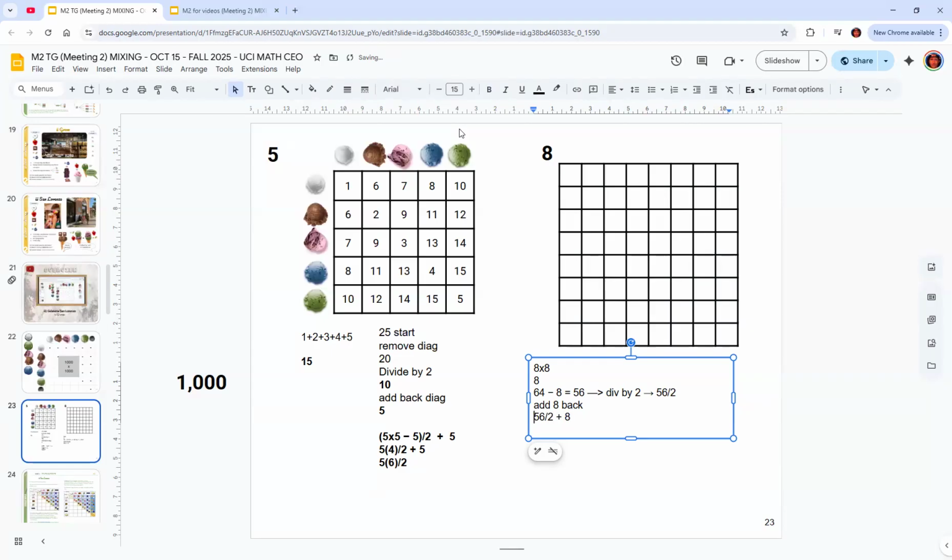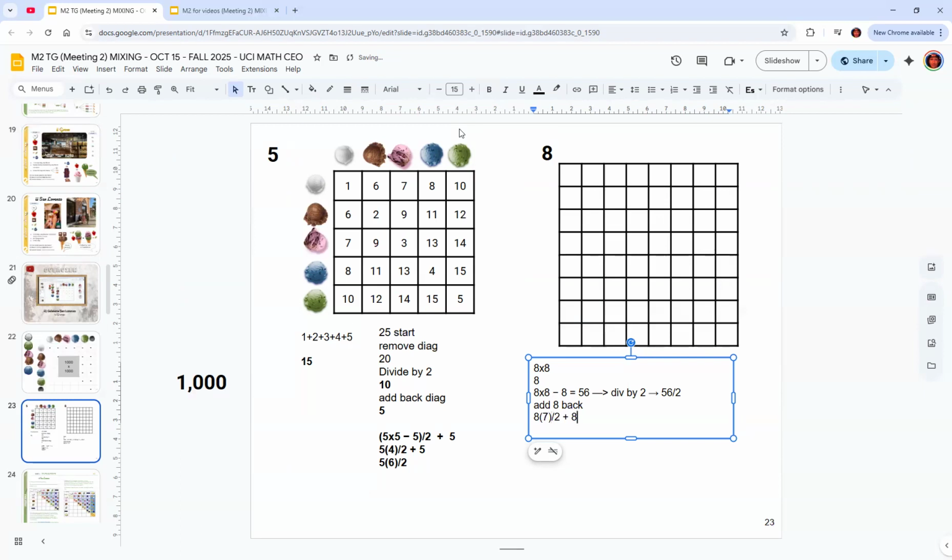But 56, of course, is 8 times 7, right? Because this is 64 minus 8. So it's 8 by 8. So when you factor the 8, it's 8 eighths minus 1 eighth. It's 7 times 8. Or 8 times 7.